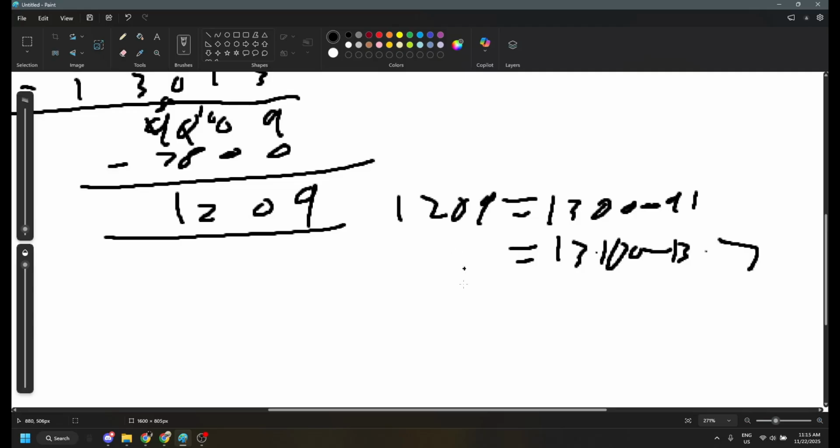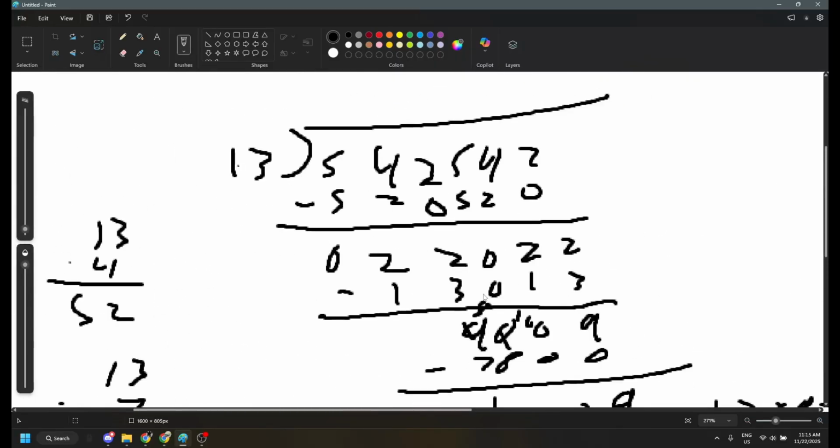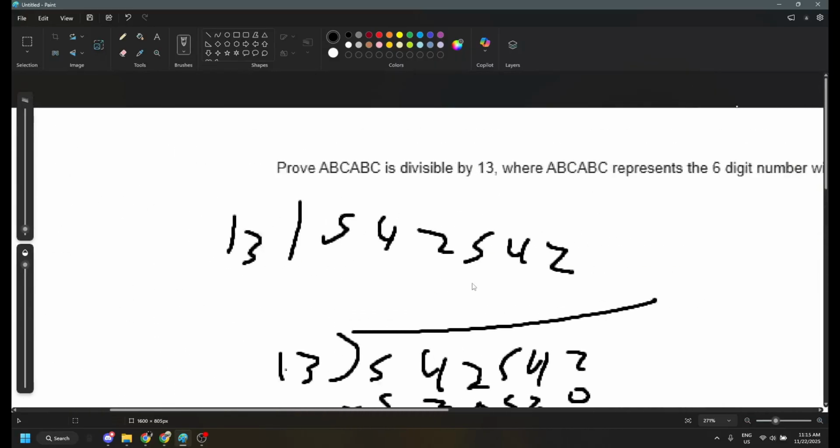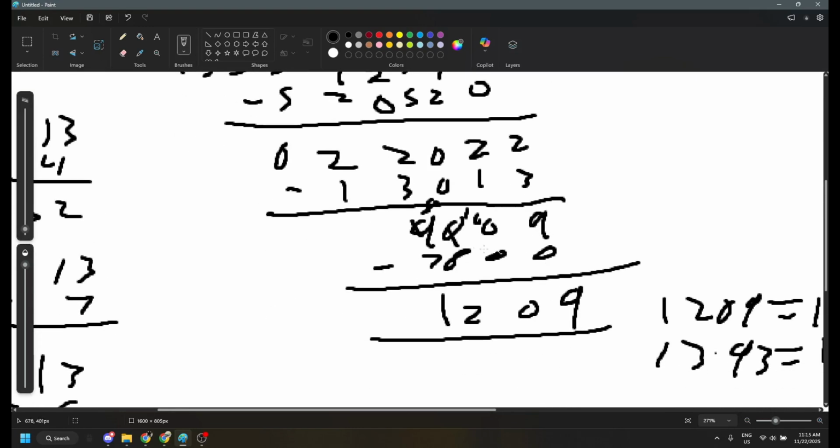So that is equal to 13 times 93. Okay. So just as a base case, we see that this is divisible by 13, and we generally have the same repeating digits until we got here.